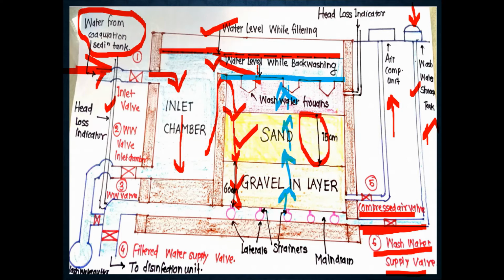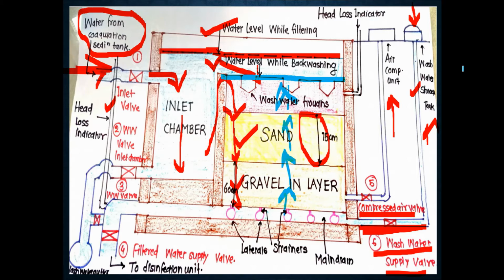Means this water which is passed, generally the period of backwashing is 15 minutes, and that compressed air and wash water are supplied for 15 minutes, and the remaining 15 minutes are actual cleaning or working. Okay, first 15 minutes are for supplying compressed air and wash water, and second 15 minutes are for actual cleaning or steady state cleaning.